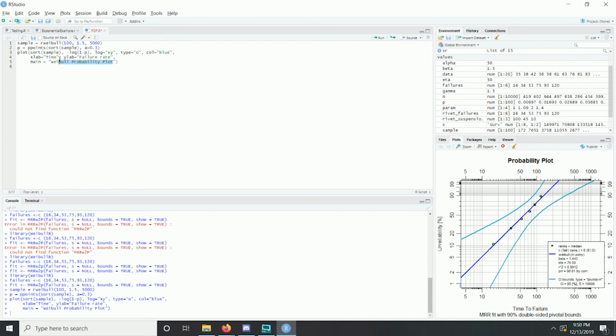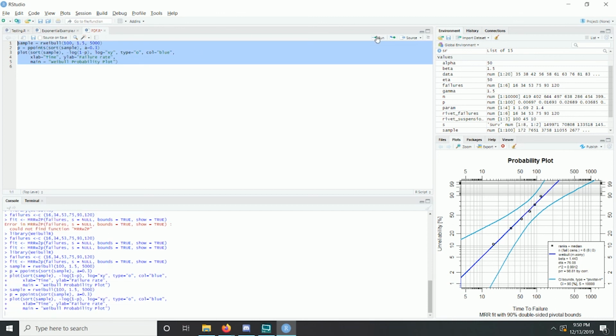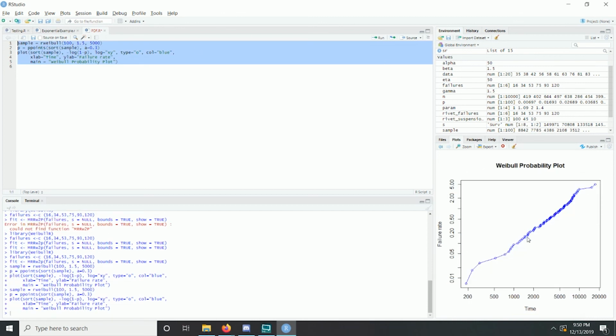Because in R we don't have an actual Weibull function, we'll be using the negative log of 1 minus p, and that will get as close as possible to the graph of the Weibull plot. If we run this, it will show us 100 different data points, and as time increases, so does our failure rate. As you can see in our plot, it's correlated: as time increases, so does our fail rate. So it's a positive correlation between those two.